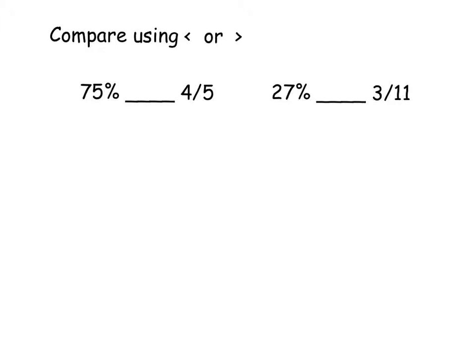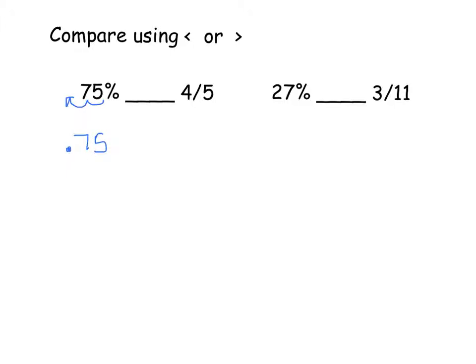I also want to remind you how to compare percents to fractions. There is one particular problem I'm thinking of where you have to do a little bit of work to compare percents and fractions. So the first thing I'm going to do is change both to decimals. Remember, with the percent, you have to move the decimal back 2 places. So this is like 0.75.